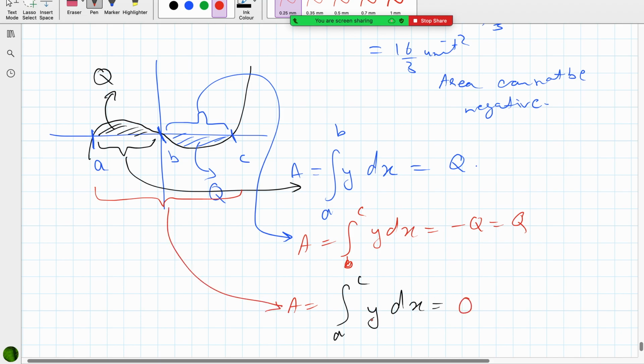Integration would give you 0 for this, because it is handling positive area and negative area, and you can see for yourself that the area is not 0. So in such cases we will solve them separately, from A to B and then from B to C.